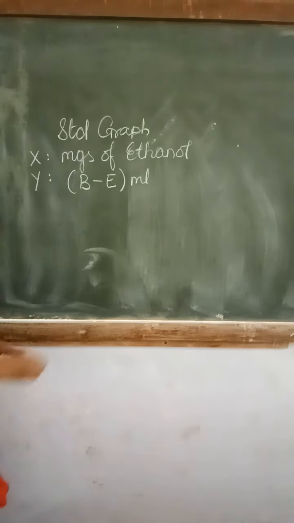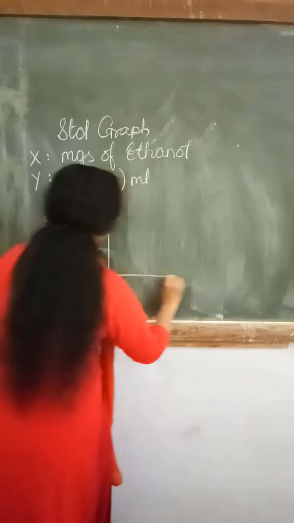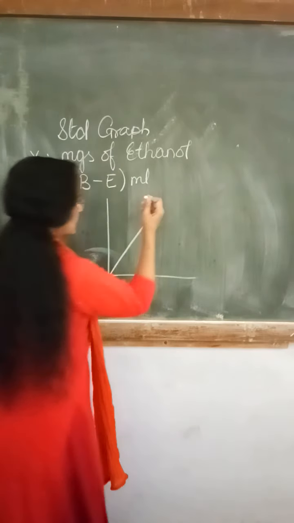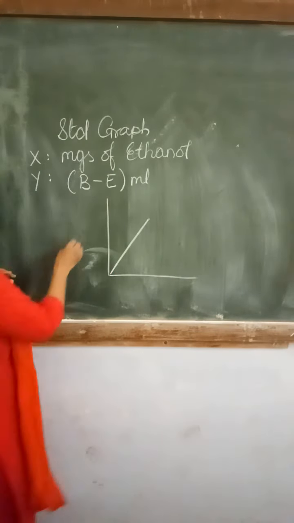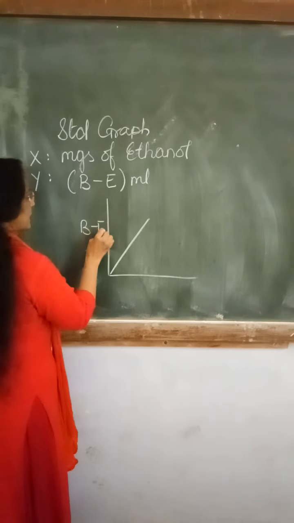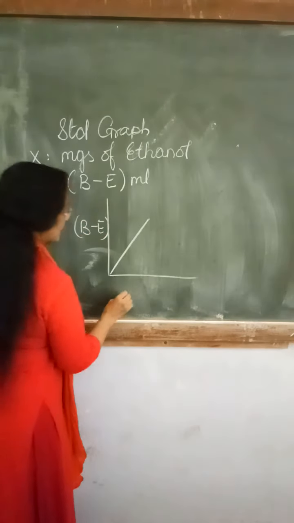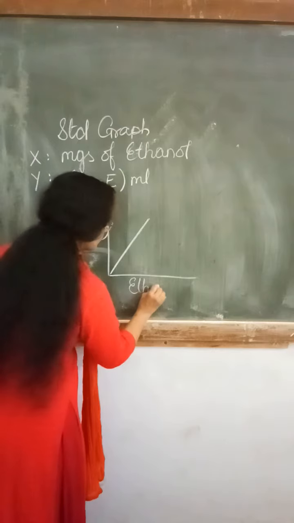So when you draw your graph, it will be like this. This type of graph you will see when you have taken both the values, B minus E and ethanol.